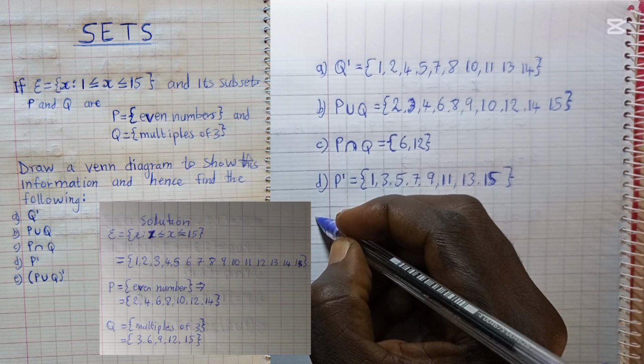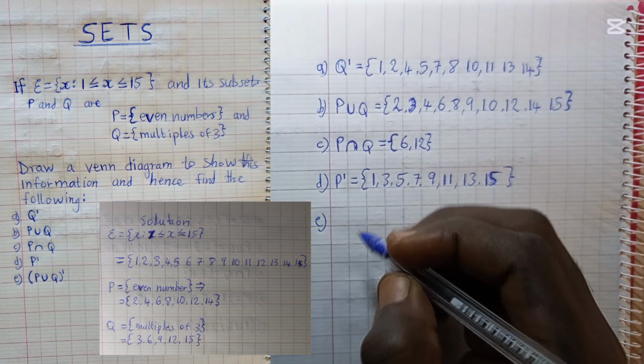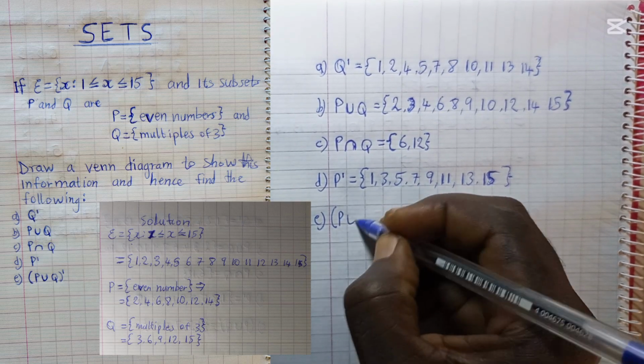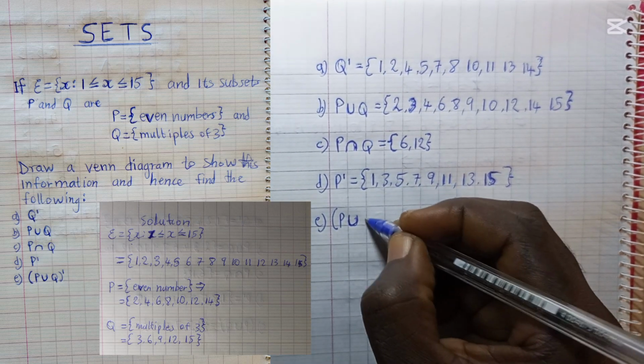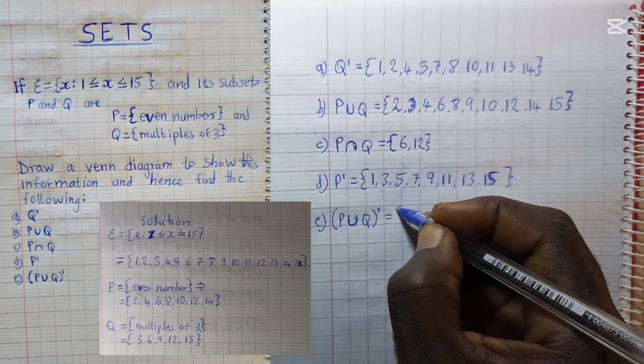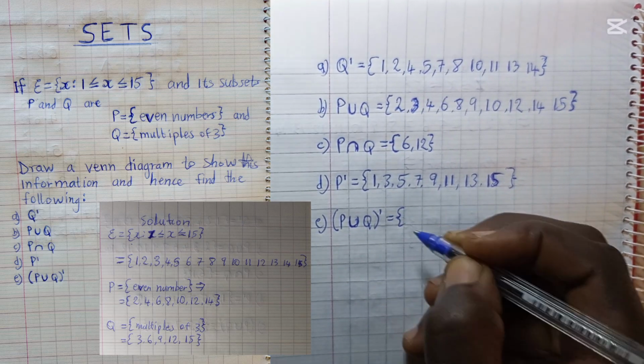And then finally, the last one, we are asked to find the complement of P union Q. And what does that mean?